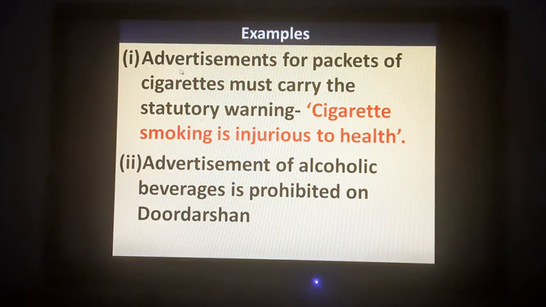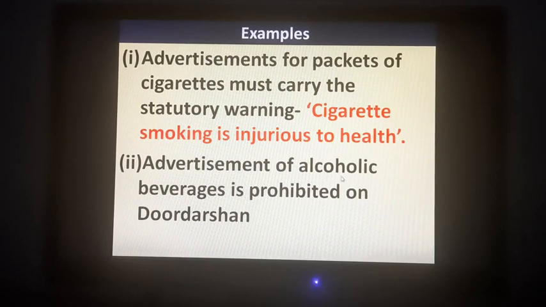For example, we have seen that advertisement for packets of cigarette must carry the statutory warning: cigarette smoking is injurious to health. So that is one example. It is a legal information which has to be passed.